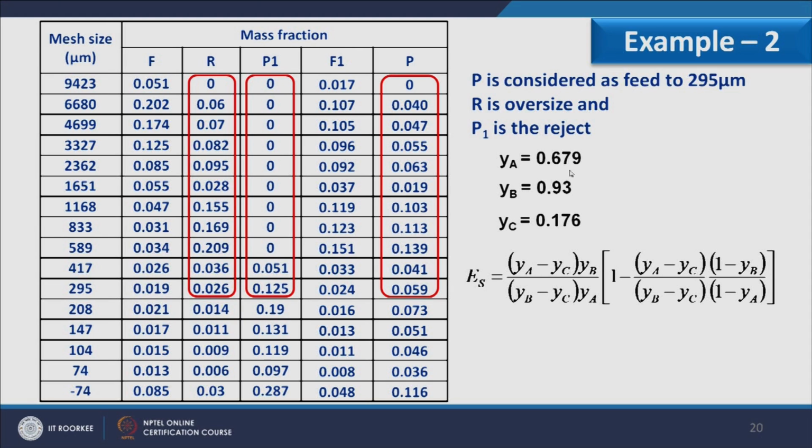So, using this YA, YB and YC, when we put them in this particular expression, we can get the effectiveness, which is coming out as 78.09%.